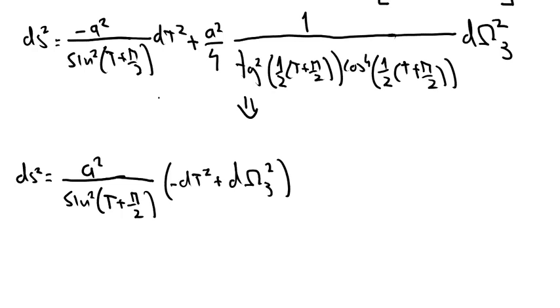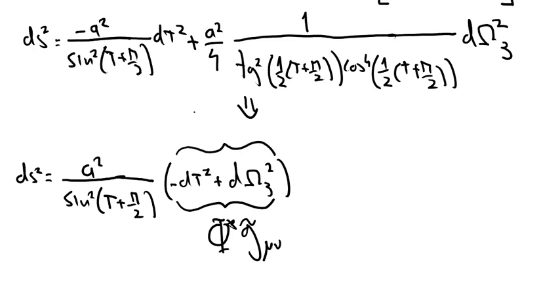So it means that if we follow the reasoning which we did with the Minkowski spacetime, we can construct an embedding such that the pullback of the original metric corresponds to this part, which is the Einstein static universe.